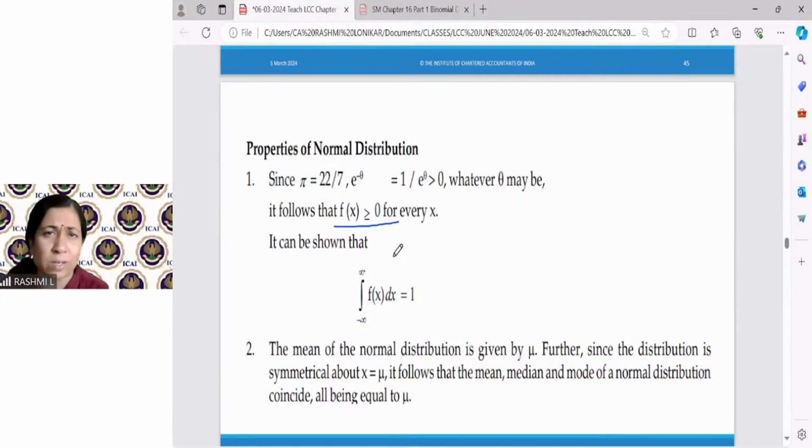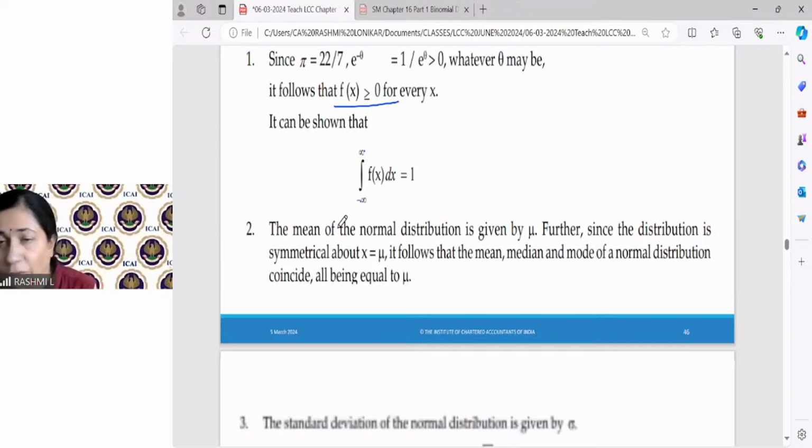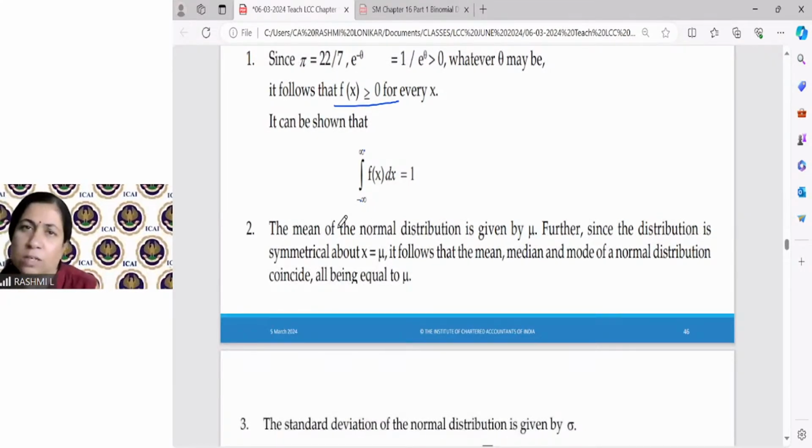We don't have to prove anything, you just need to know the properties. Nothing difficult about it, so don't take any stress. Where the variable was discrete we did summation; similarly for continuous we integrate.